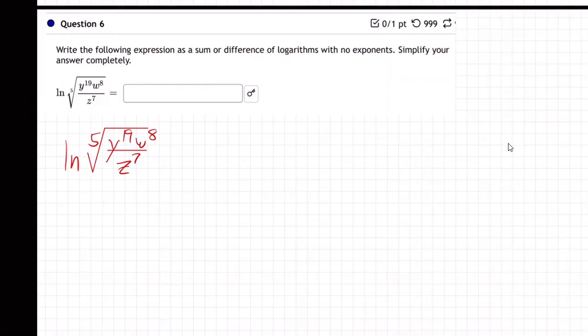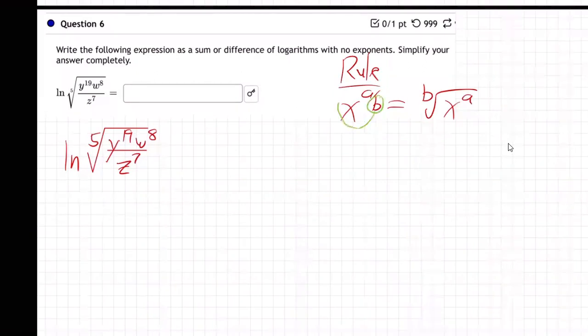So here is the principle I've really got to make crystal clear for you. Here's the rule. If you have a fractional power like x to the a over b power, that's the bth root of x to the a. That b in the denominator swings around to be in the hook.